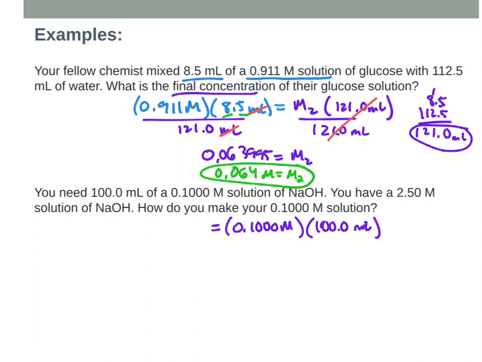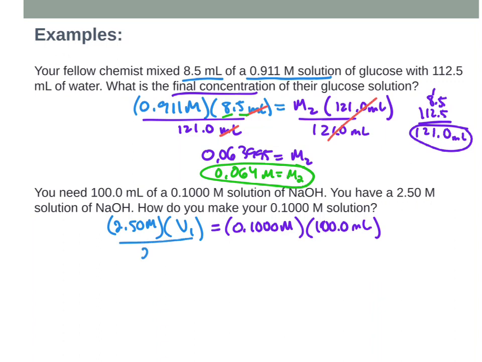I know that my starting solution is 2.50 molar, but I am asking myself, what volume of this do I need in order to make up this solution? So I need to know how much of that more concentrated stuff I need in order to dilute it out and get that 0.1 molar solution.